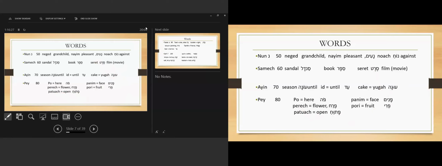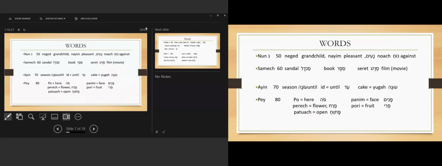All right? Then, a book. A book is a sefer. Sefer. A sofa would be a sofa, but this is sefer.